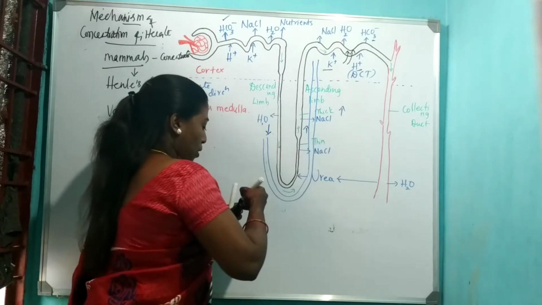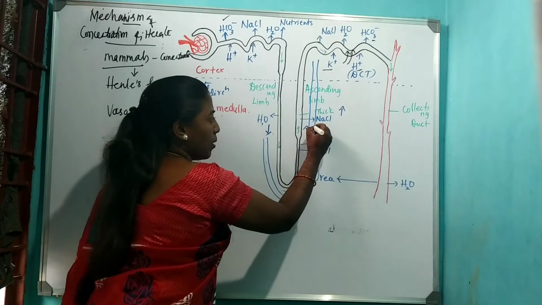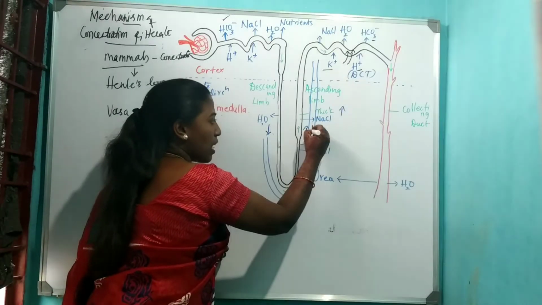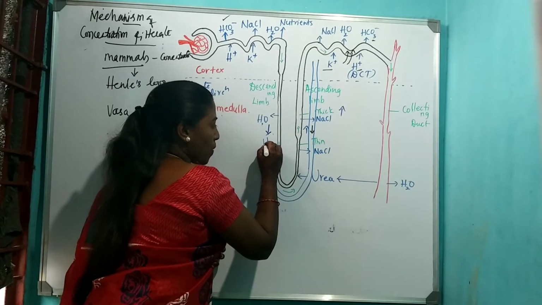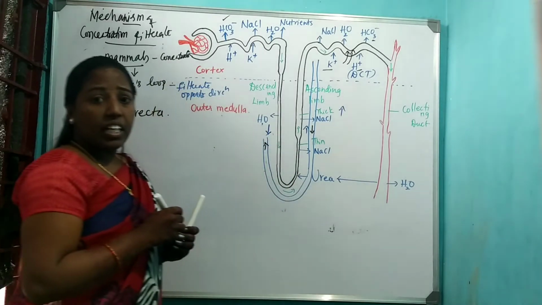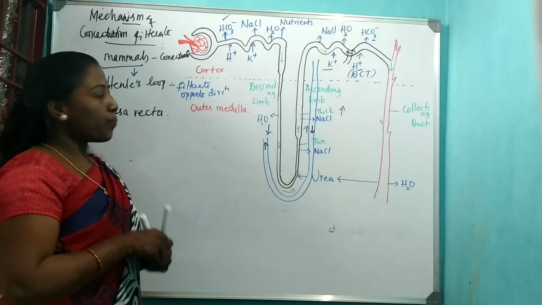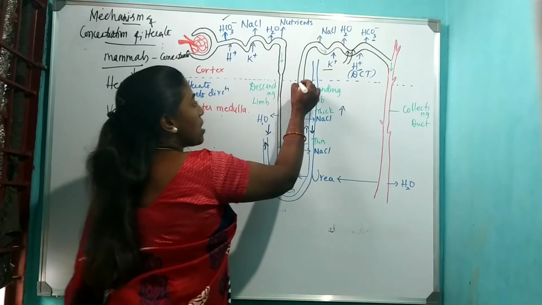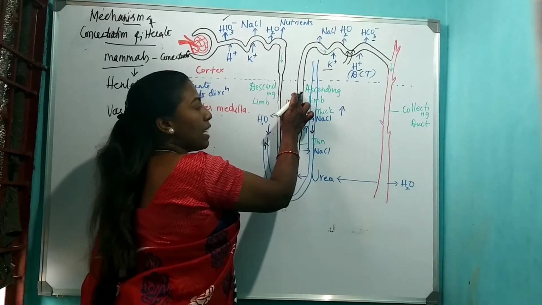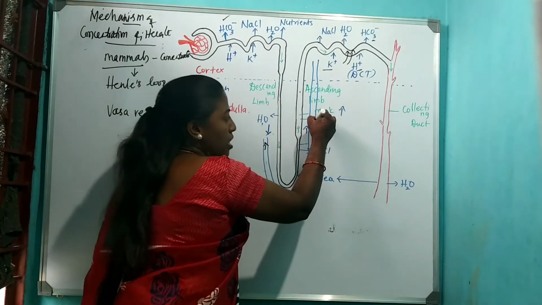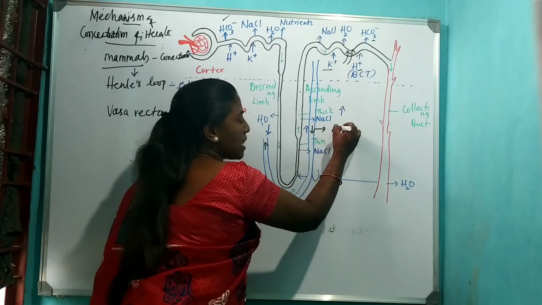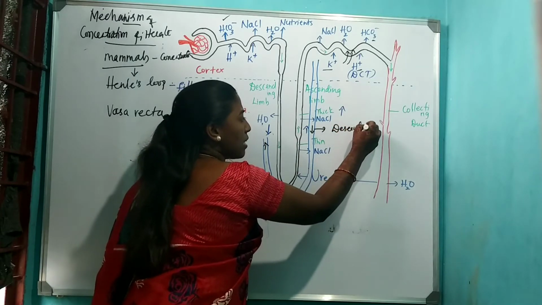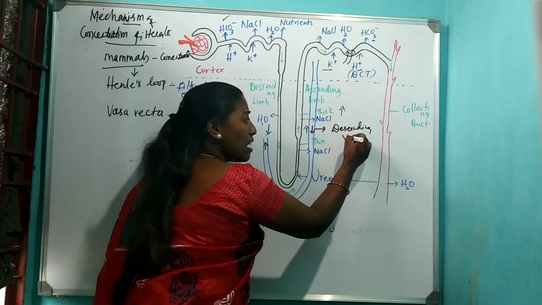In this region the blood flows downwards, and in this region of the vasa recta it flows upward, that is, in the opposite direction. Not only that, here is the proximity. This is the ascending limb of Henle's loop, moving upward, and this is the descending limb of the vasa recta.